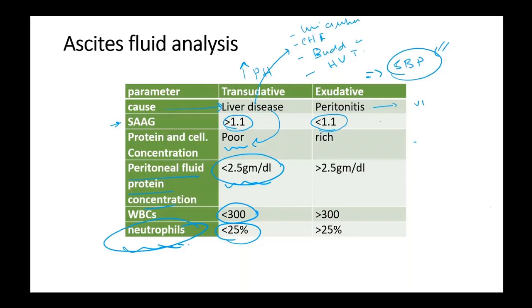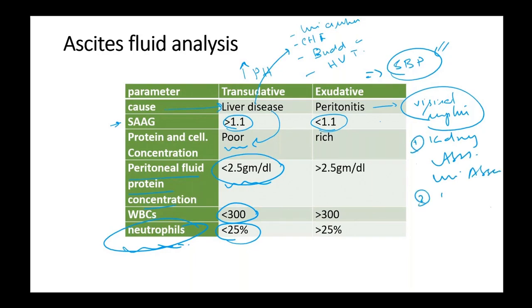Let's say they have a visceral rupture, a kidney abscess, a liver abscess, or peptic ulcer disease where the ulcer has now ruptured. That will result in ascites, and that can cause peritonitis too.